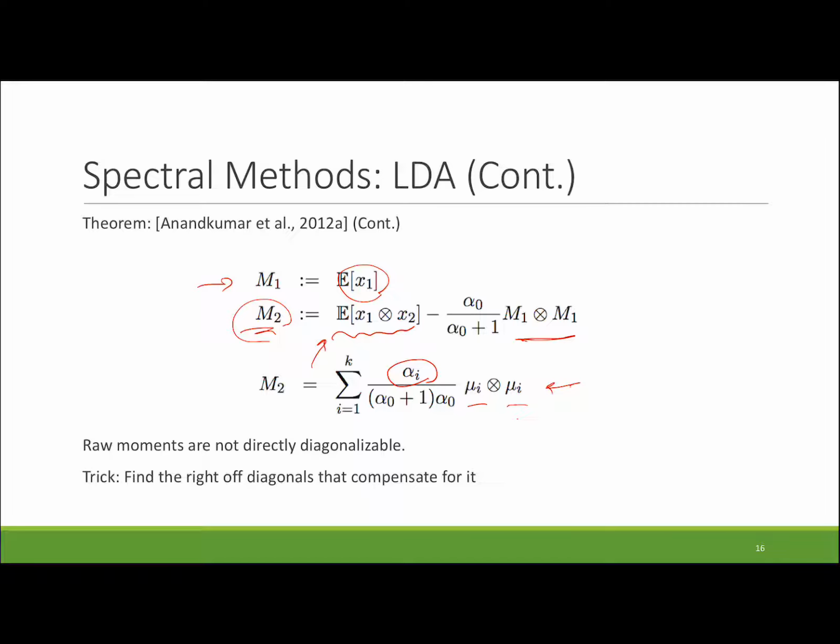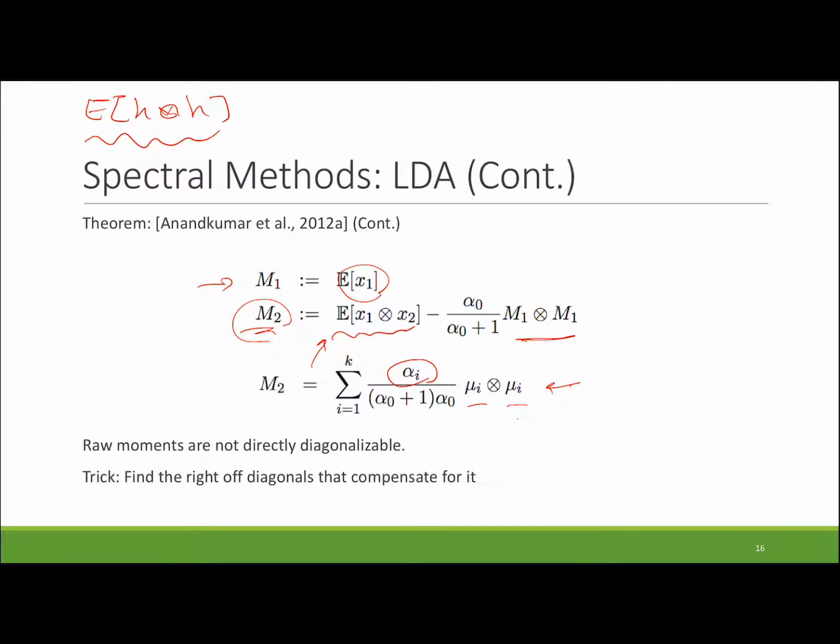Right. I think that when people first started doing this, they just derived it using trial and error. But the way you would go about this is you take a look at the moments of the Dirichlet and try to basically compensate for the off-diagonals.